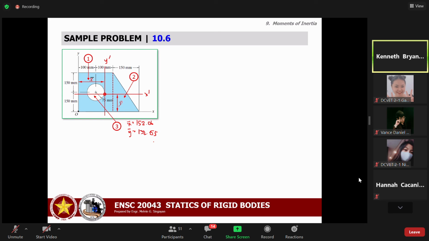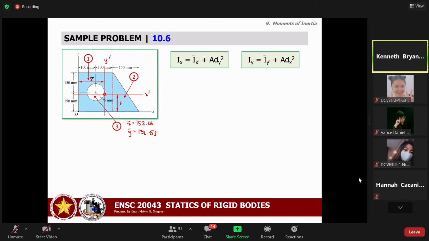Now, how can we determine the moment of inertia about the centroidal x prime and y prime axis? So, we'll use the parallel axis theorem and get the sum of all the moment of inertia of each composite part. Okay? So, the formula for Ix and Iy is, so I bar x prime plus A dy squared, while Iy is I bar y prime plus A dx squared. Okay?